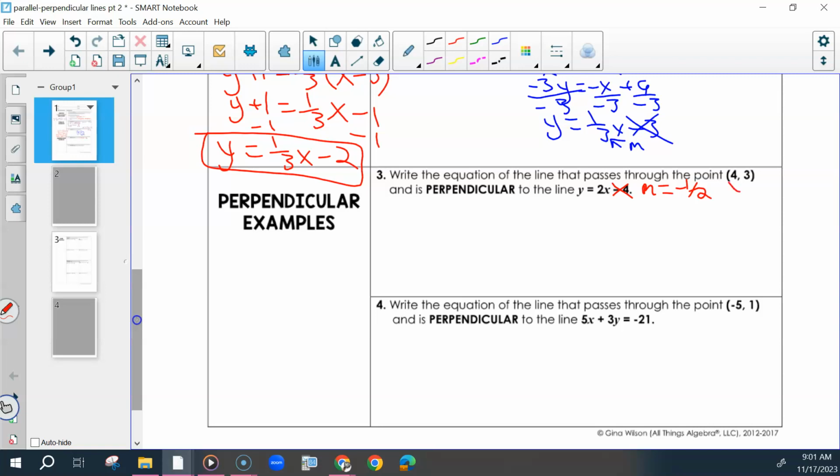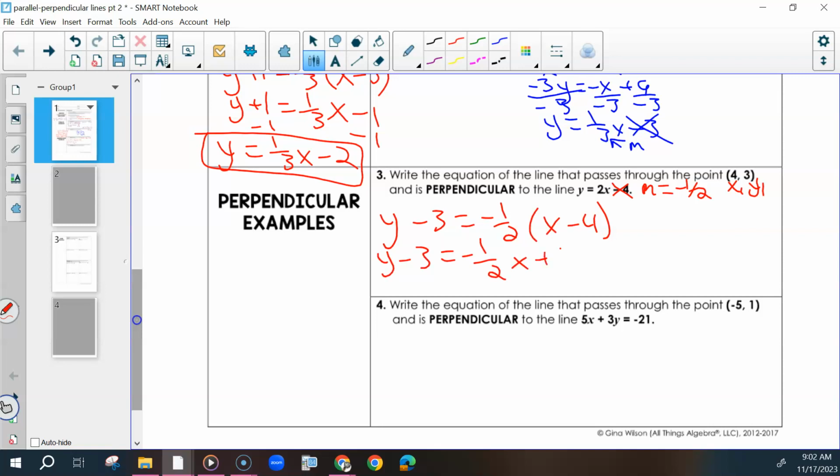You have your slope, you have your x1, y1, the rest is the same. Put it back into your equation, solve. So y minus 3 equals negative 1/2 times x minus 4. So when we add 3 to both sides, what would our final equation become?